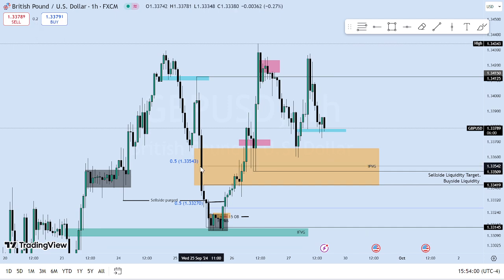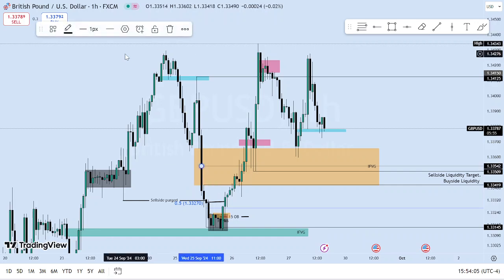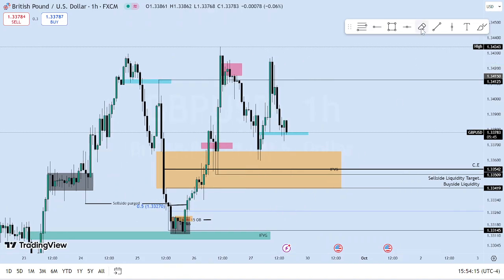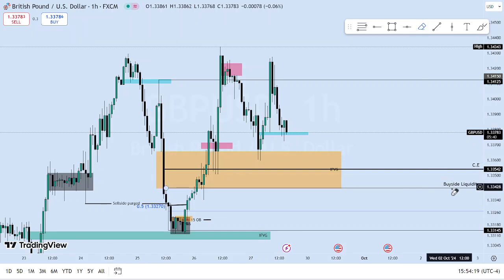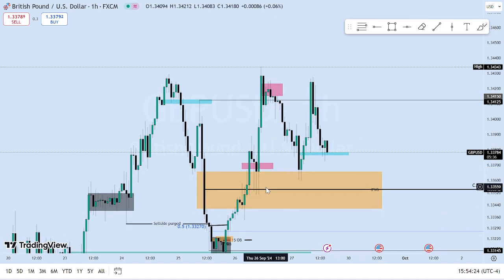You place it at the 50%, as the consequent encroachment of the inversion fair value gap. So here is the 50% of it.